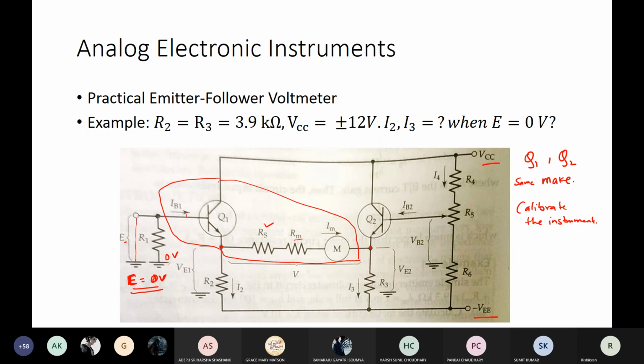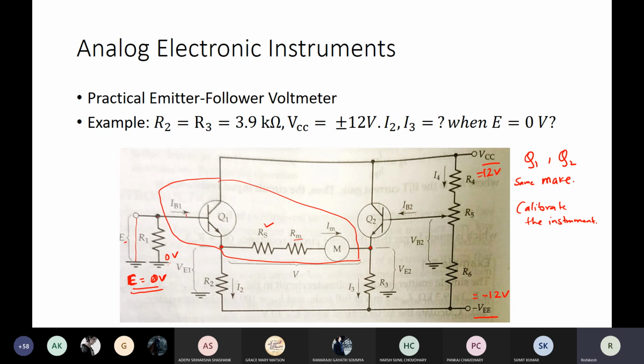Is this node at lower potential than this node? You see, this is connected to which terminal? Minus VEE, right? Yes, sir. So let's say in this example this is 12 volts, this is minus 12 volts.